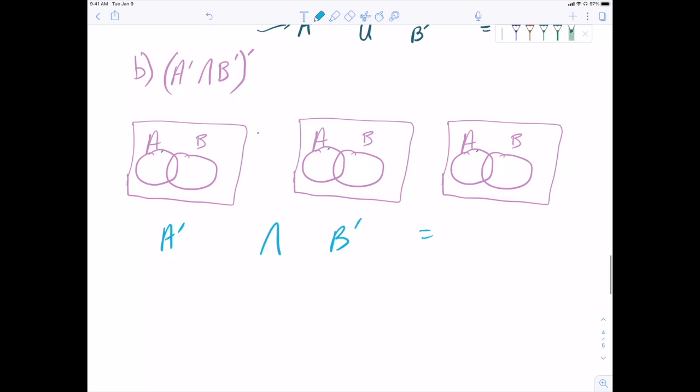So everything that's not in A prime is this. Let me just try using dashed lines. This might be easier. And then here's B prime. B prime is everything not in B.